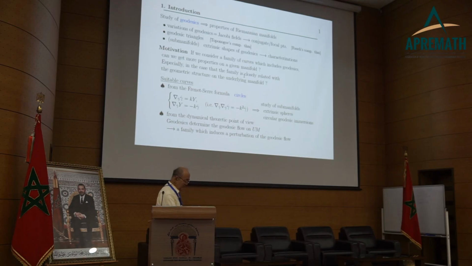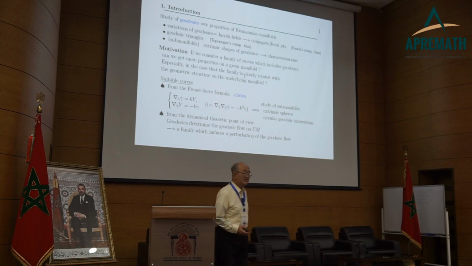But as you can easily see, to use circles, we need initial conditions, a velocity vector and an acceleration vector. So, from the viewpoint of dynamical systems, circles are not easy to treat.